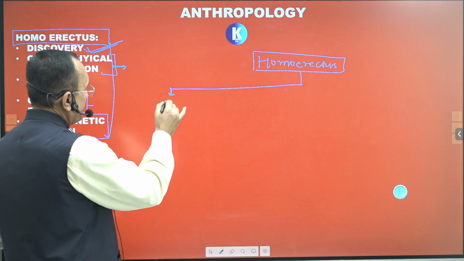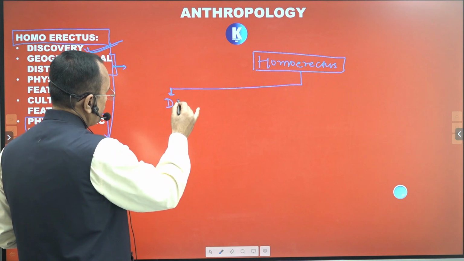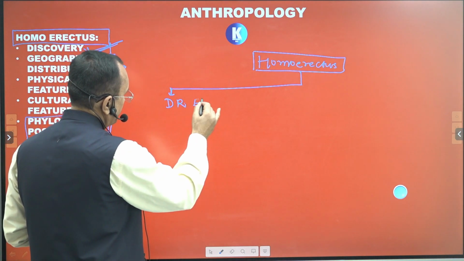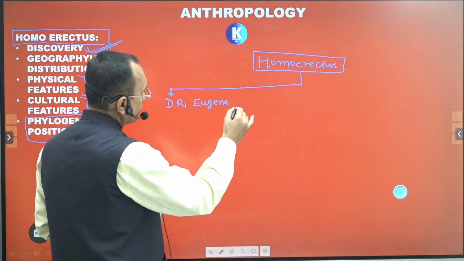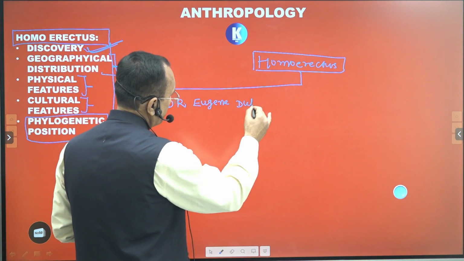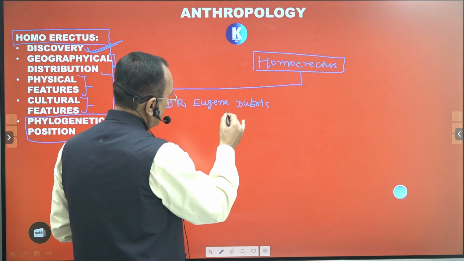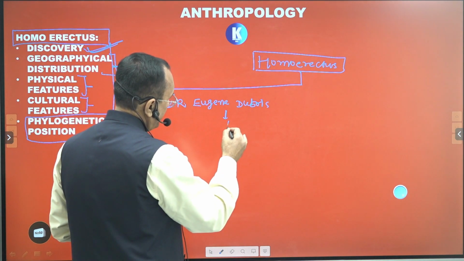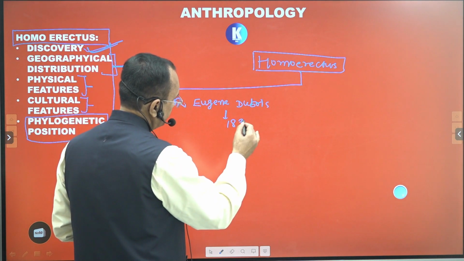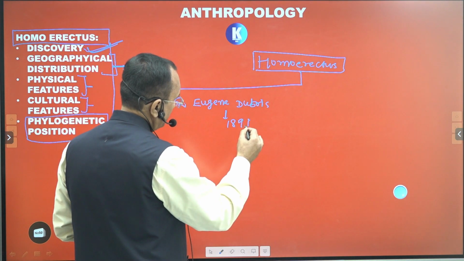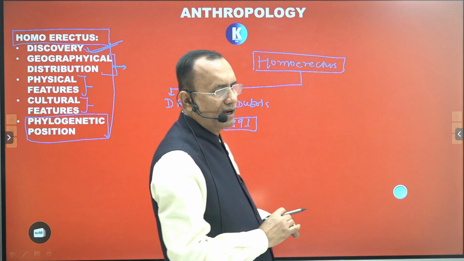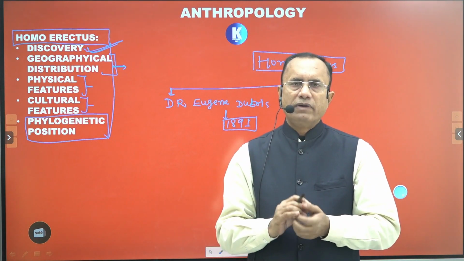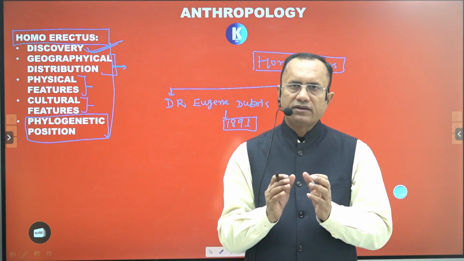So if we talk about Homo erectus, their discovery was at first the fossils related to Homo erectus were discovered by Dr. Eugene Du Bois in 1891 from Java at Trinil on the bank of river Solo, right?